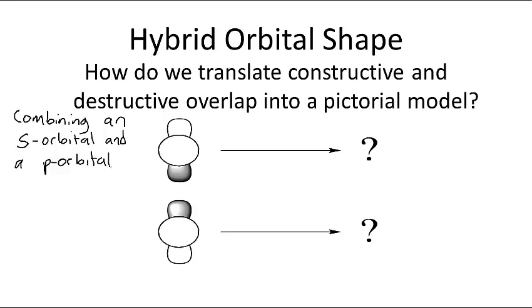So the s is the circle, the p is the peanut-shaped thing, and I put them on top of each other because they're on the same atom. So I want to ask myself, if I combine those two orbitals as shown in this top picture, what would the result look like?